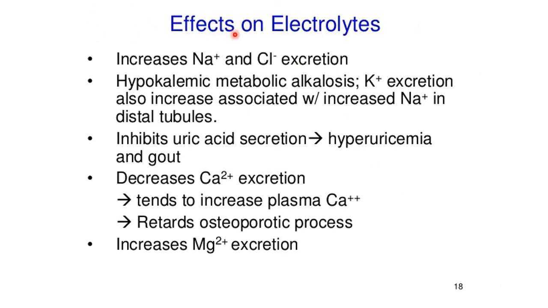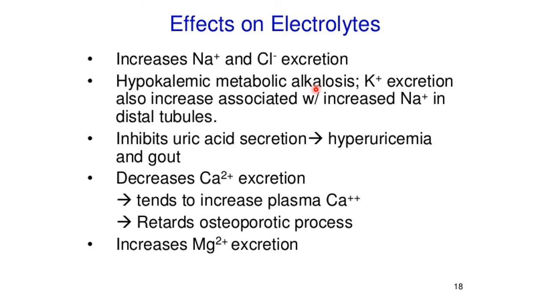So what are the effects on the electrolytes? They will increase the sodium and chloride excretion. Number two, they can produce hypokalemic metabolic alkalosis. I have shown in the picture that the sodium that comes from the lumen of the urine into the cell is used for exchange with potassium.